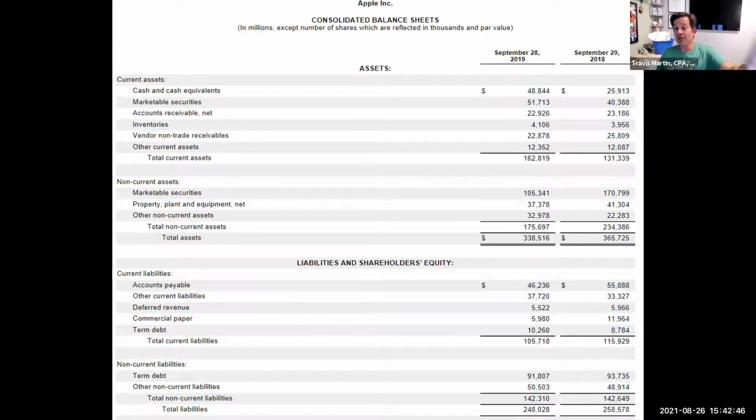But what I have in front of you is a balance sheet for Apple. Apple Incorporated. I took it right from their corporate financial reports, which are public information. And you can see it right there, balance sheet. And these numbers are in millions. Okay? Right here at the top. Assets, liabilities, and equity.